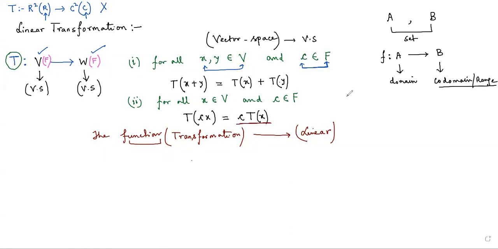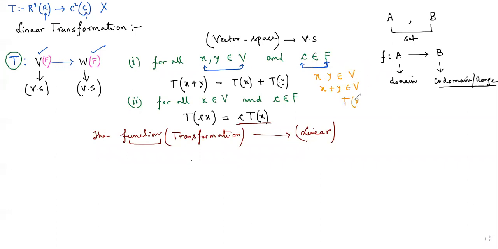Remember this thing. Here in this particular case, it is also very important that x and y belong to V, and x plus y belongs to V because V is a vector space.